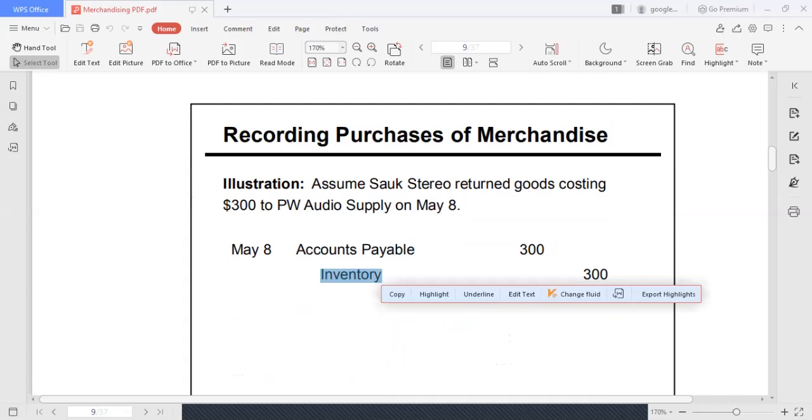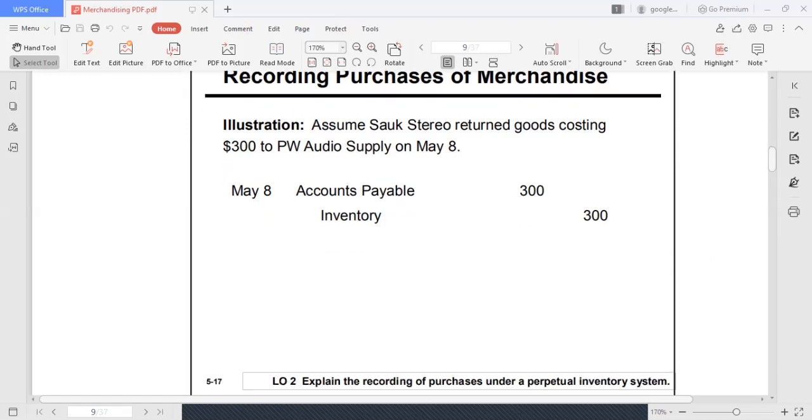And again, under the perpetual system, any movement in the inventory, pag may dumating, may lumabas, may isinoli, anything that is being changed in your inventory must be reflected in the records by debiting or crediting the inventory account.